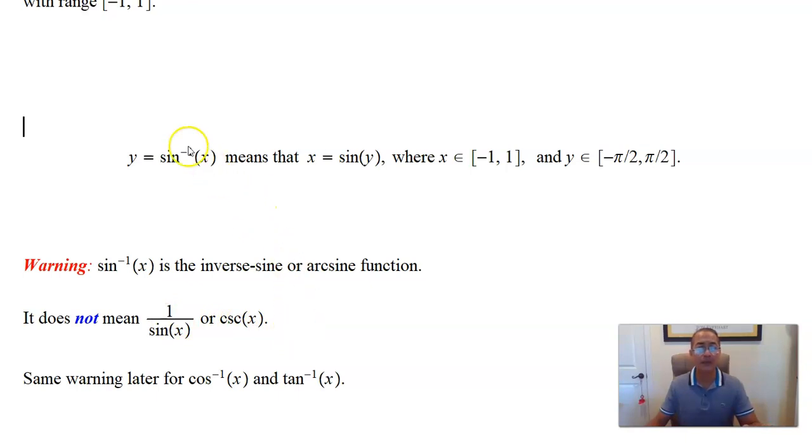So this symbol is our shortcut for the arc sine function. Later on, when we talk about the arc cosine and the arc tangent function, same thing. Do not confuse them with 1/cosine or 1/tangent. If we meant a reciprocal, we would write it as secant or cotangent or whatnot.